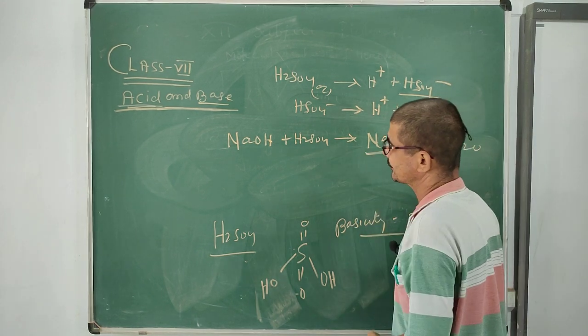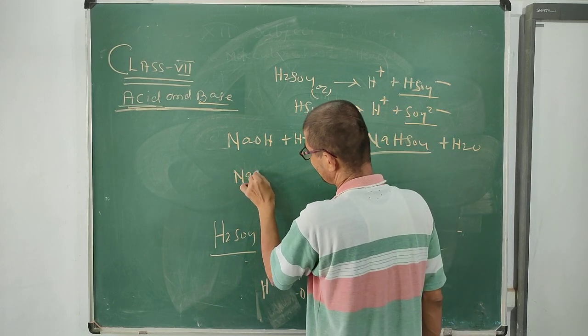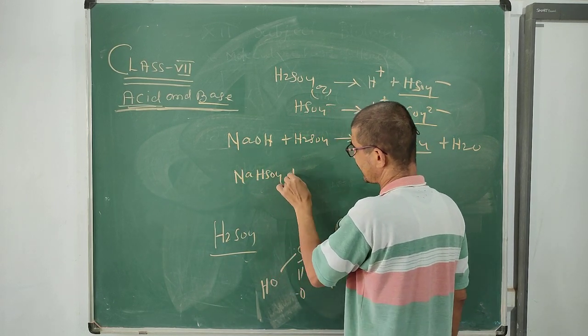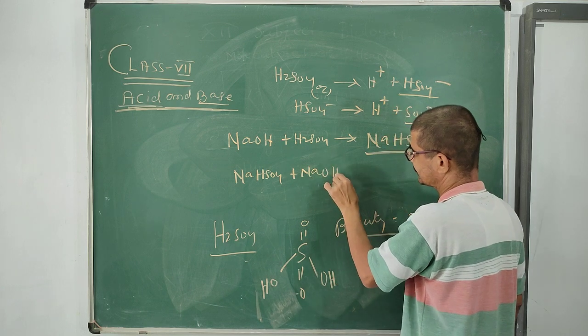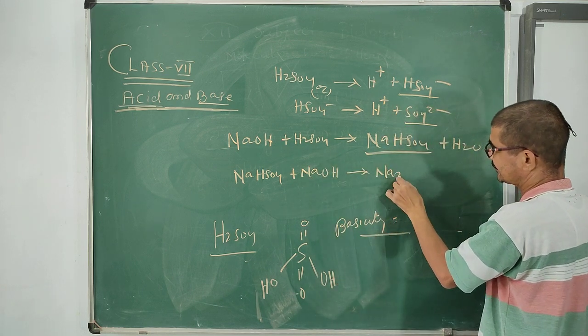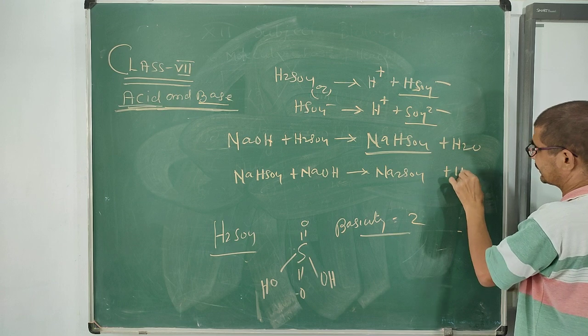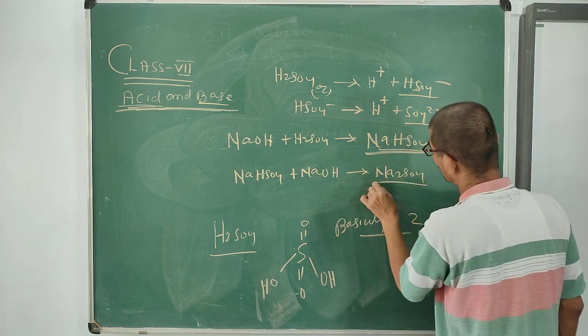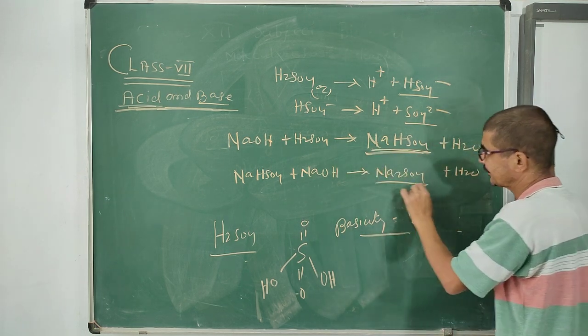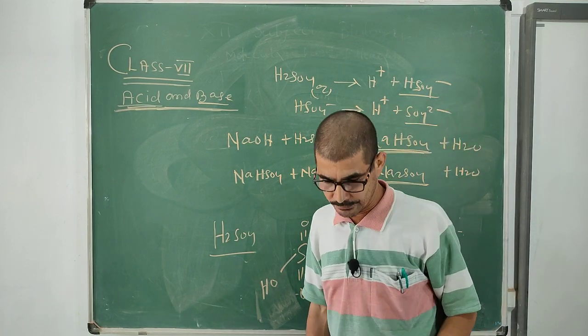The first salt is sodium bisulfate. Now sodium bisulfate further reacts with sodium hydroxide to form sodium sulfate and water. So it forms two series of salt: first sodium bisulfate and then sodium sulfate. So this is the role of basicity.